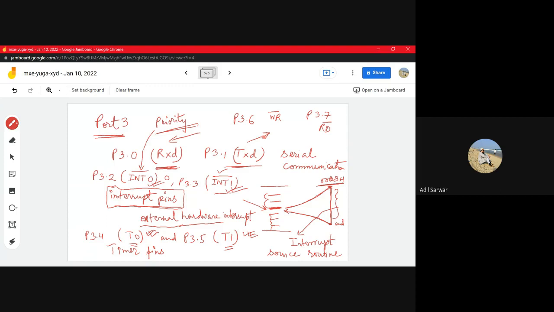They are used as control signals for external RAM. Write means writing to the external RAM, and read means reading from the external RAM.